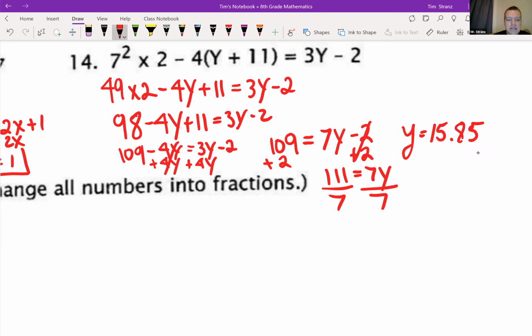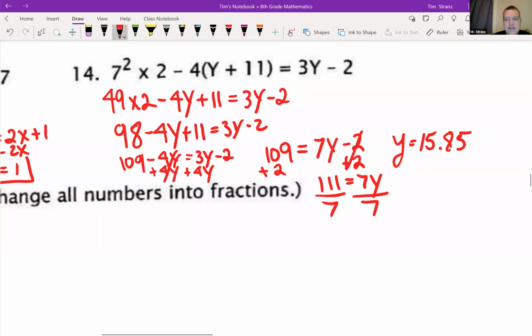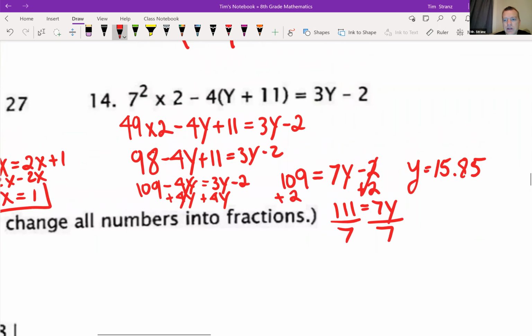I'm going to make sure I did not make a mistake somewhere. And I did make a mistake somewhere. So let me go back and backtrack where I made my mistake, because I was going to say that did not seem like a very good answer.